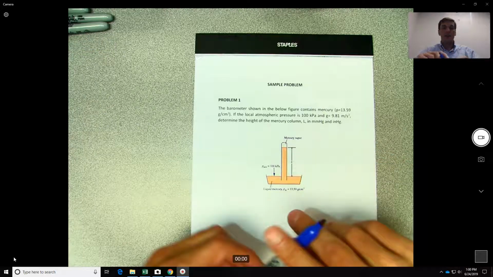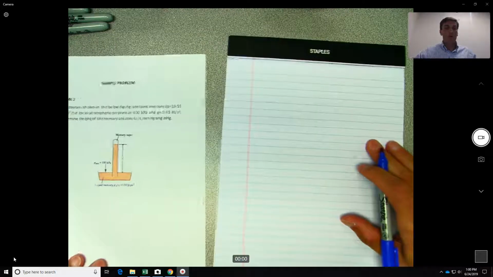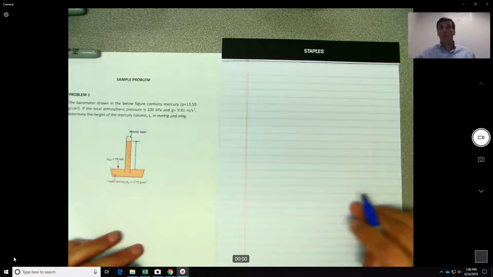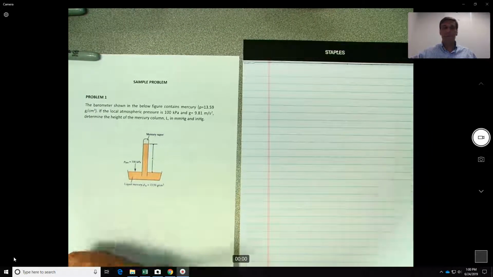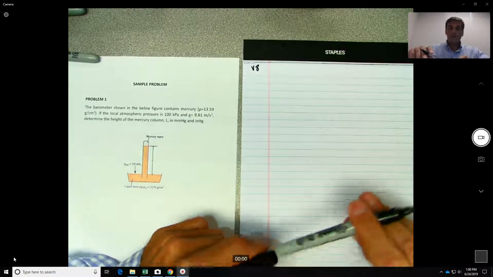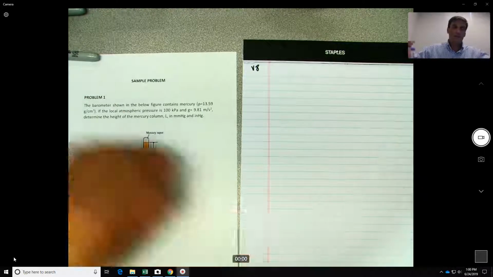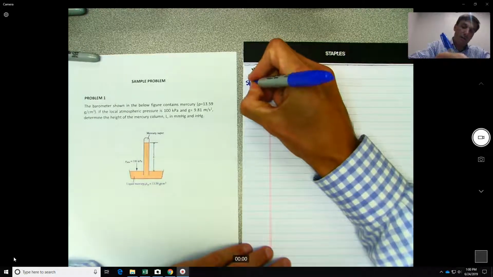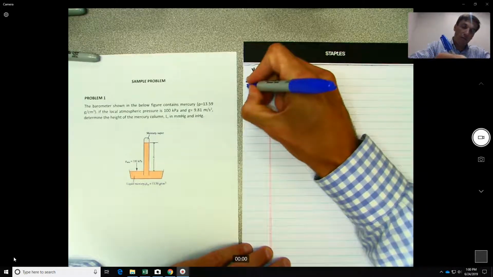So I know everything is clear, but just for the sake of the procedure, let's just redo the problem. Okay, and I put it side by side. So let's say step 0.